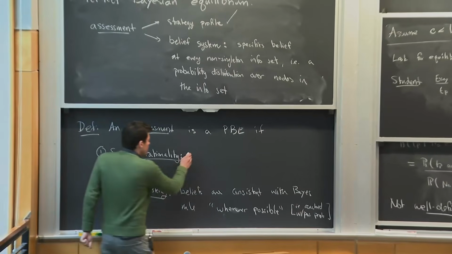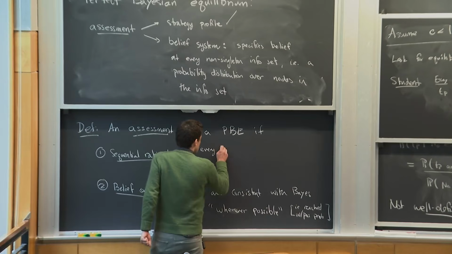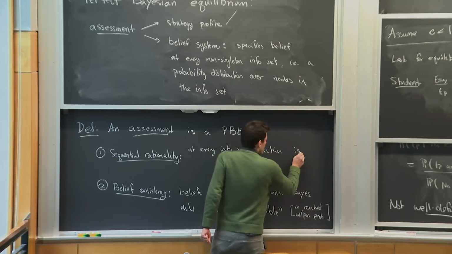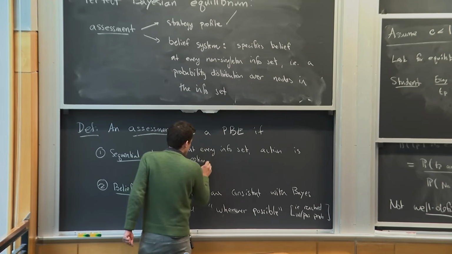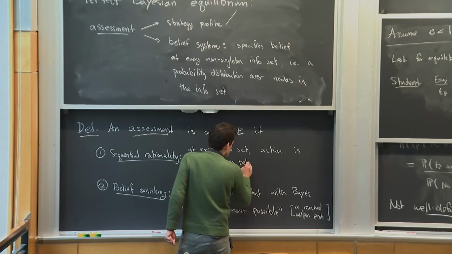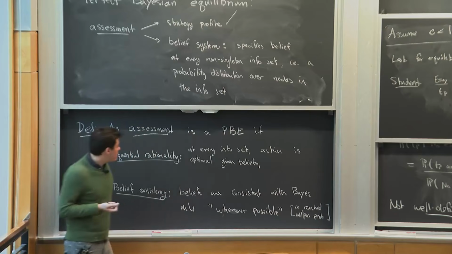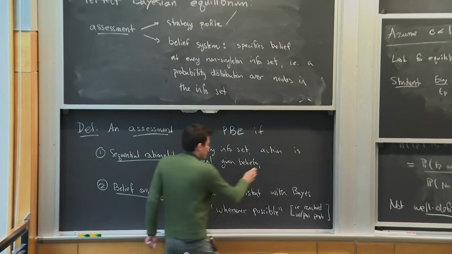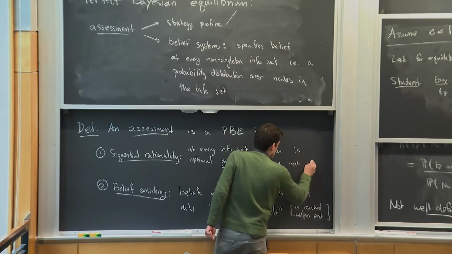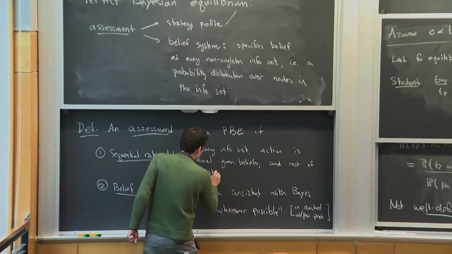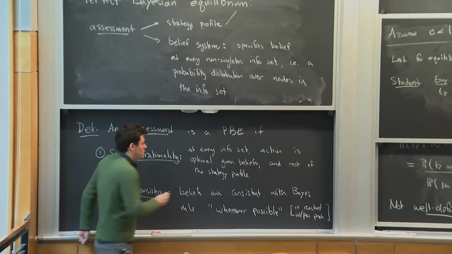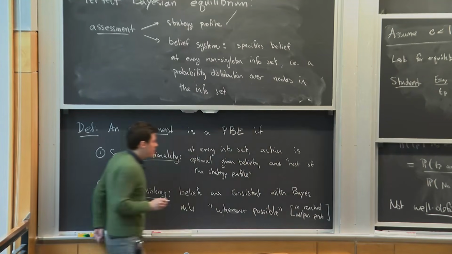So sequential rationality means at every information set, the action under the strategy profile is optimal given beliefs and the "rest" of the strategy profile.